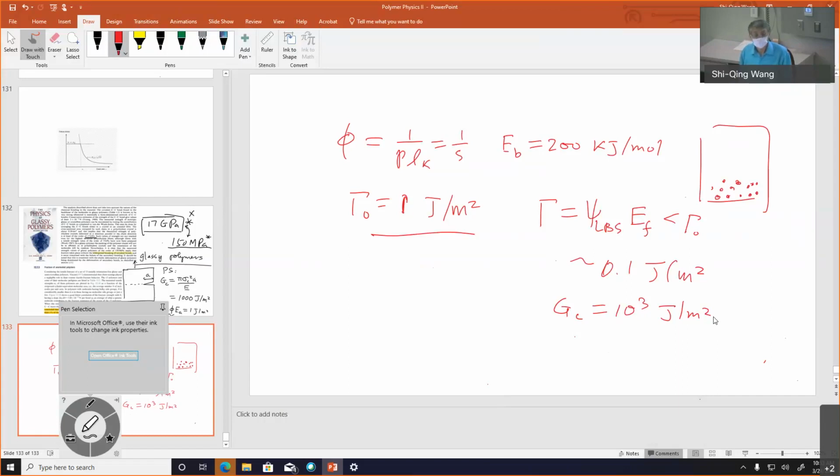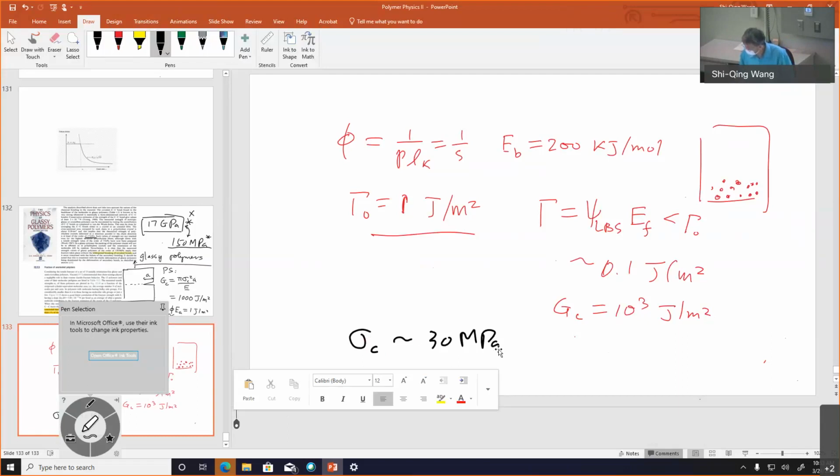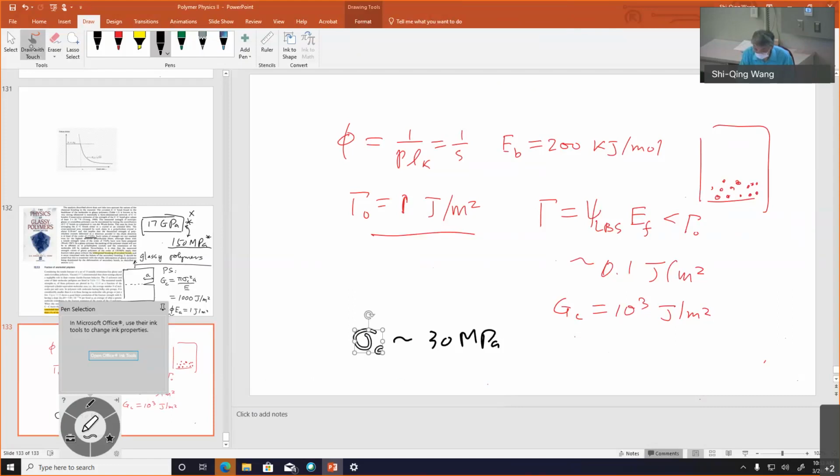Well, when I say that, I already misspoke. If you say your mechanical strength for polystyrene is only, let's say, 30 megapascals, the total strength. I mean, I lost a good word, so let's call it the brittle strength.